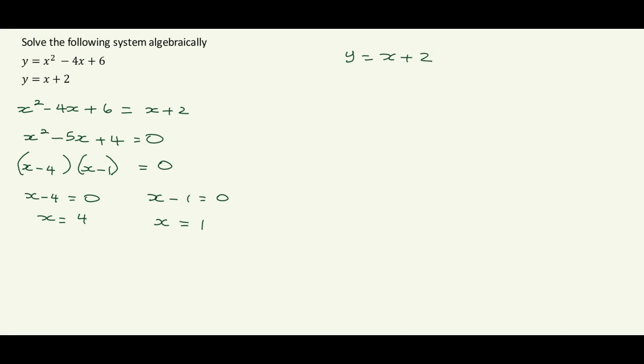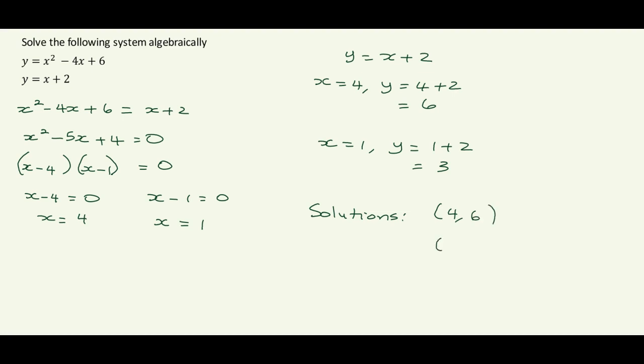What that means is x equal to 4, y equal to 4 plus 2, which is equal to 6, and x equal to 1, y equal to 1 plus 2, which is equal to 3. So for our solutions, we have 4, 6 and 1, 3.